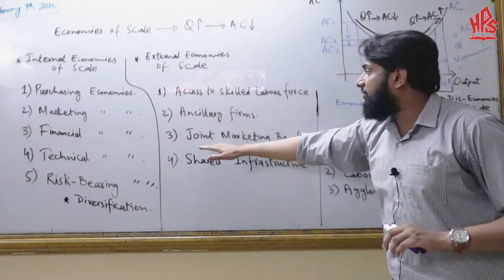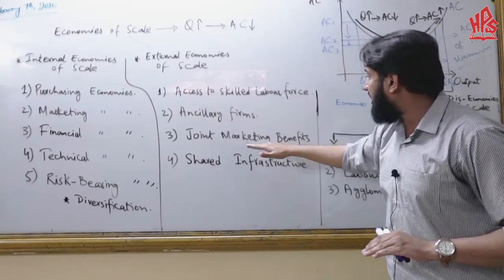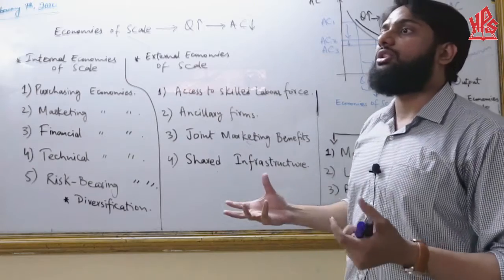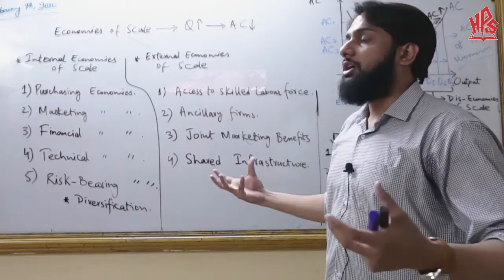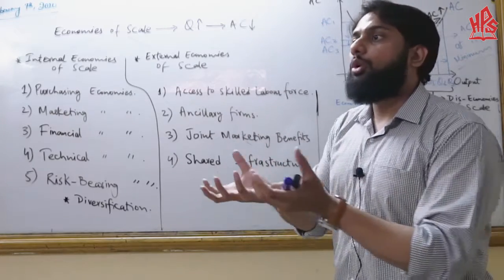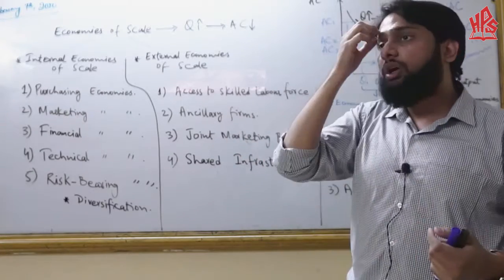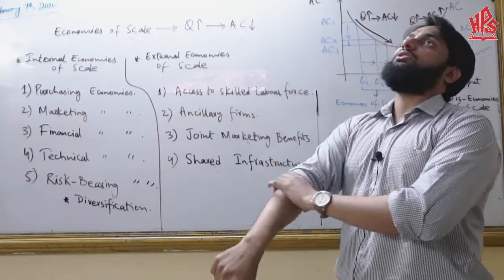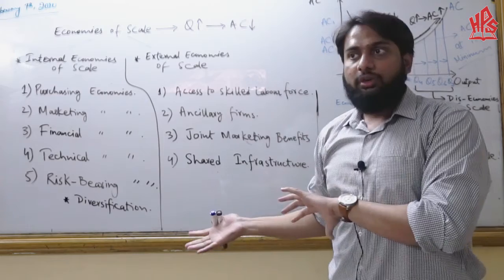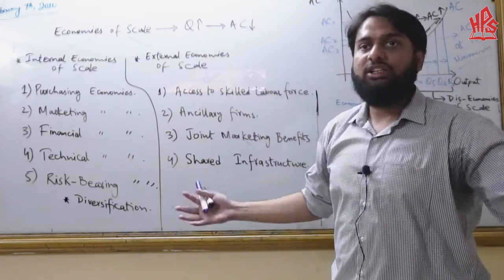Now another example is joint marketing benefits. Joint marketing benefit is the benefit obtained by doing mutual work together. In a past example I discussed Microsoft with Nokia.